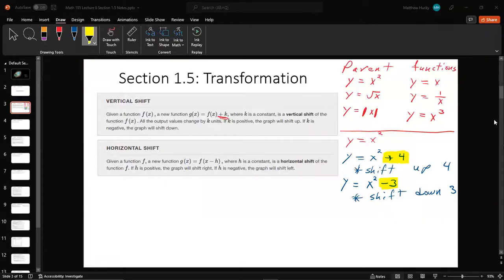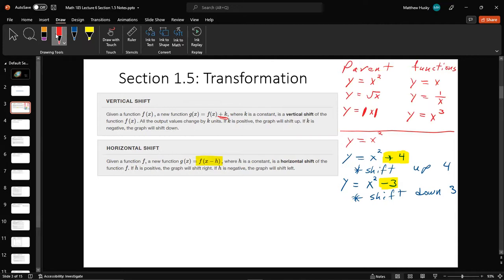So that is vertical shifts. So how you can move the graphs up and down. So then if we look at f of x minus h, when you're inside the parentheses here, that means you're going to be doing things to the x direction.